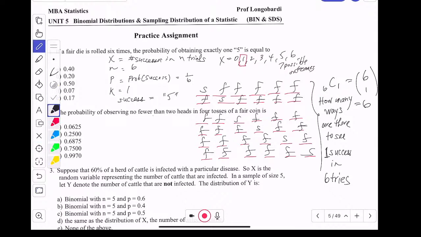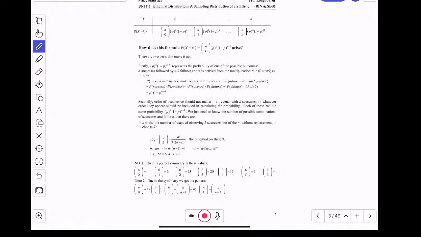So we write 6 choose 1. In general, it's nCr, or in our case we use nCk.